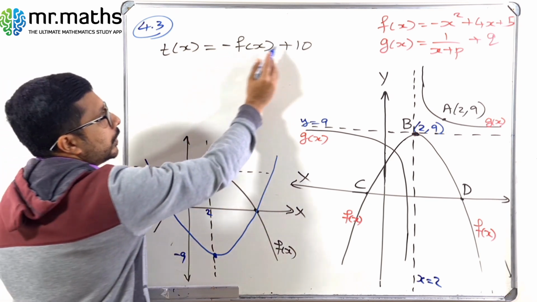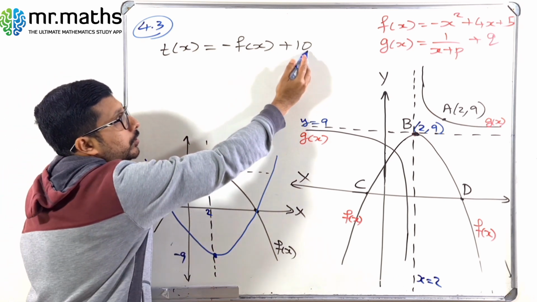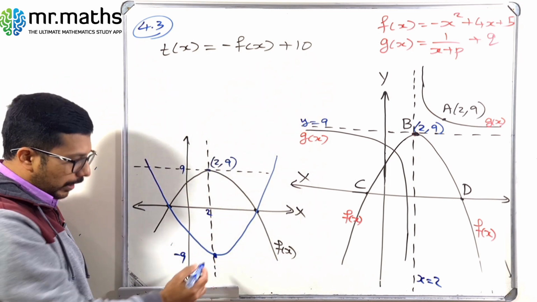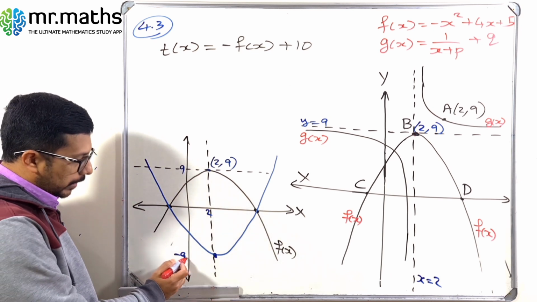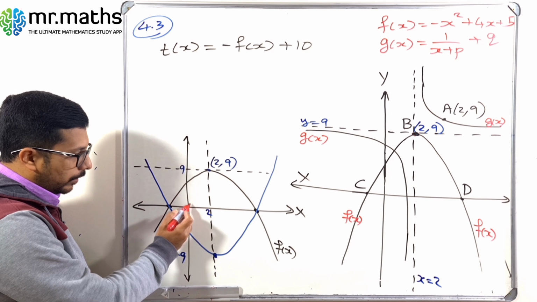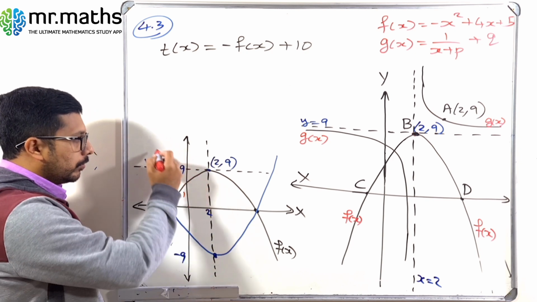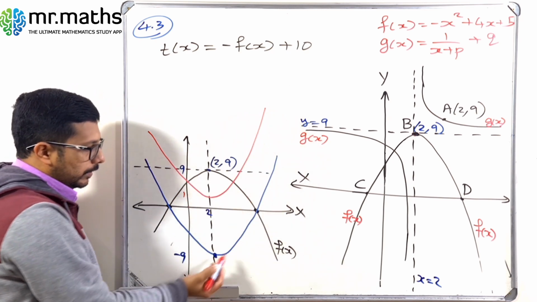Now after that this blue graph is shifted 10 units upwards. So here minus 9. If that graph is shifted 10 units upward, from minus 9 up to here 9, then it's going to be positive 1. So this graph is going to be something like this, 10 units.